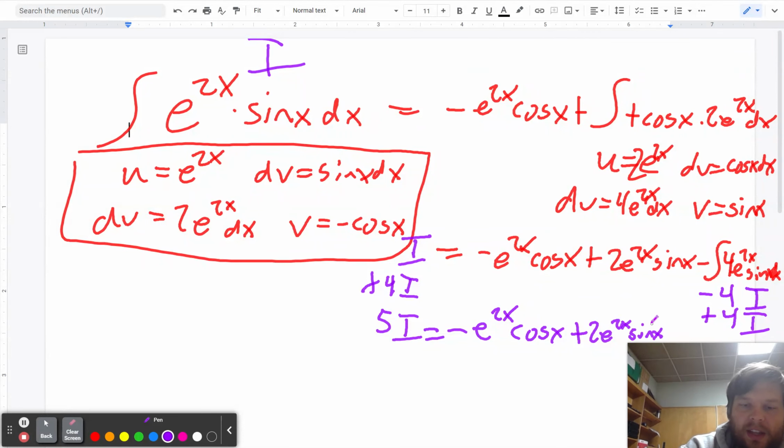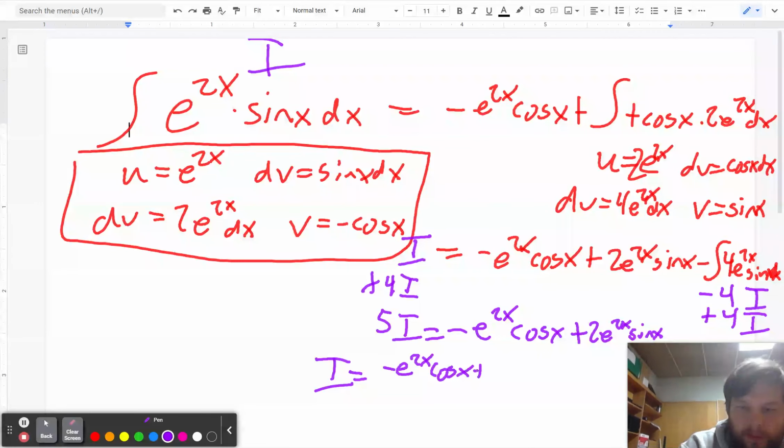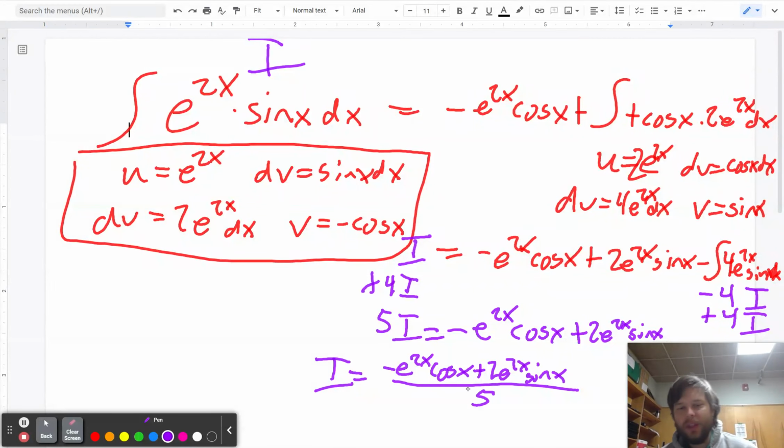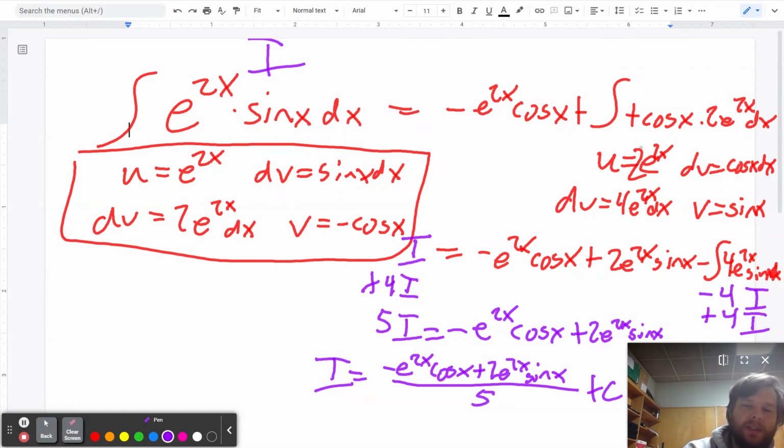And then I know that my integral I is equal to all this stuff divided by 5, plus c. The crazy thing is that you can verify this by actually taking the derivative, and it should come back to be the original piece.